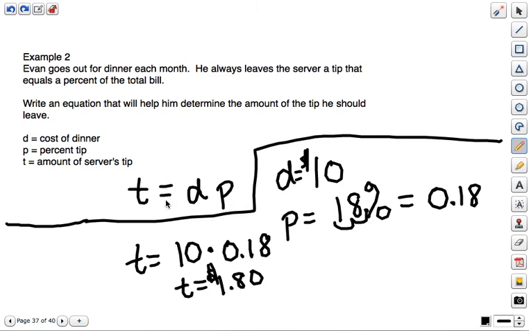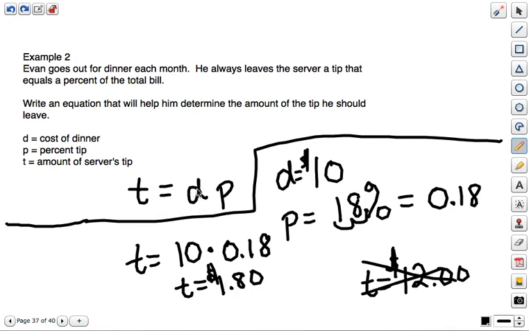When you find your equation, you could always set up these little scenarios and just double check your work, because if you got something like T equals, let's say you got $12 or something like that, well, that's probably not going to be right. So you know that maybe you need to look back at your equation again and see if perhaps you mixed something up.